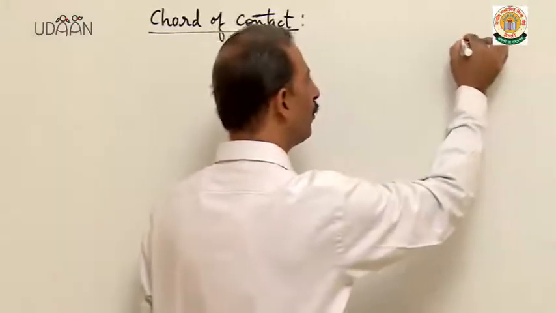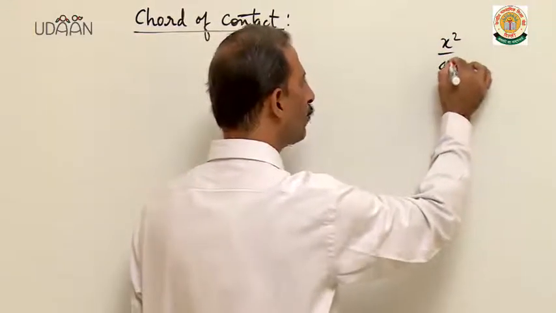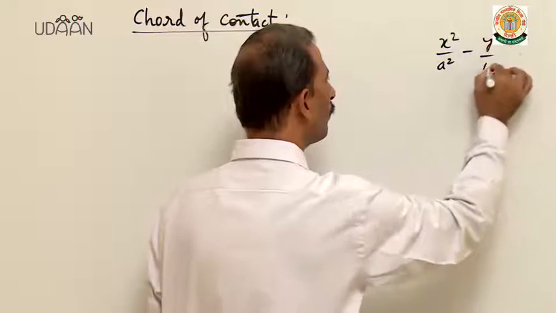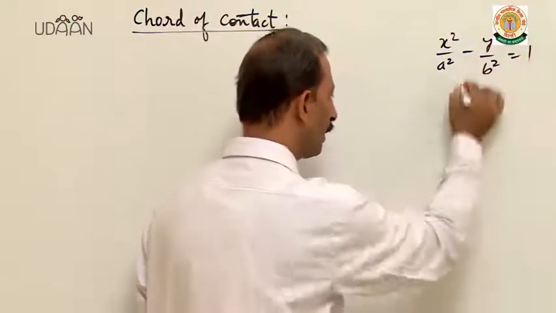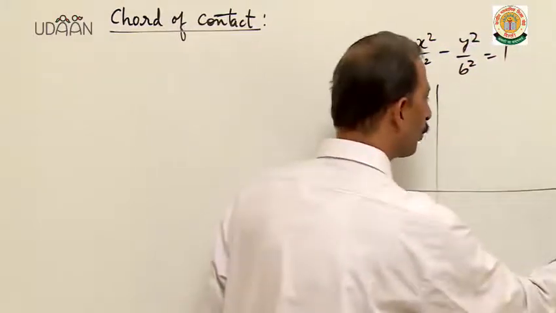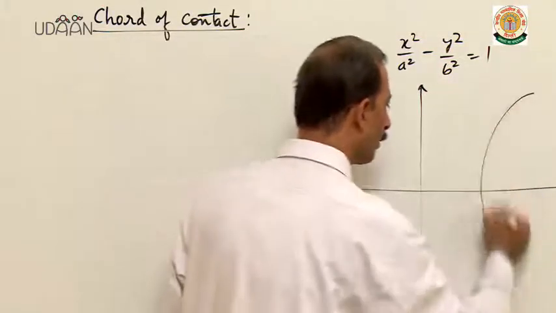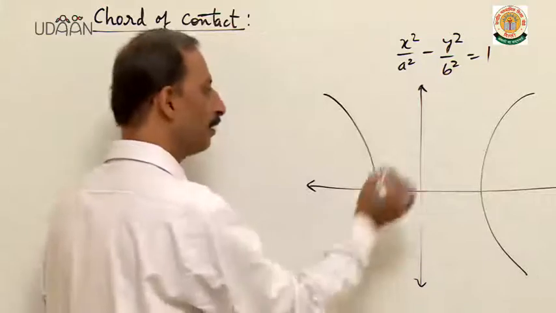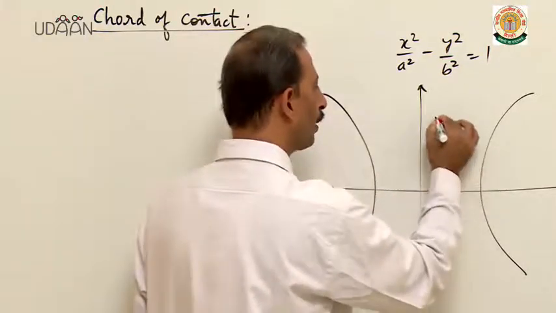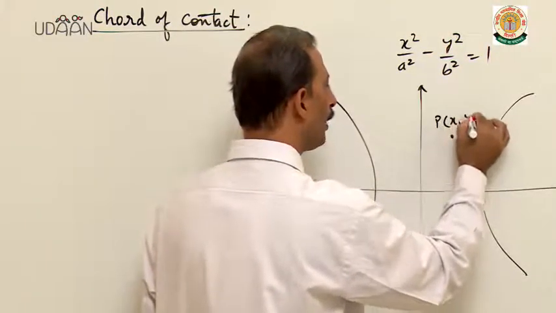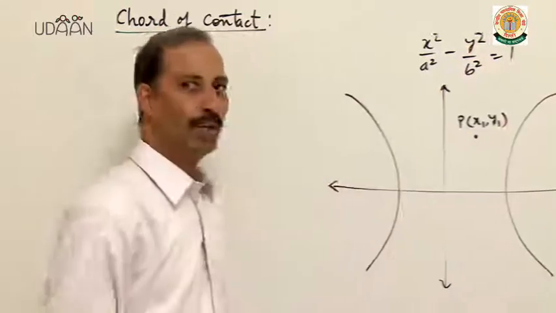The hyperbola equation you already know: x square upon a square minus y square upon b square is equal to 1. The shape of the hyperbola you also know, this type of shape you will get. This is a point, the external point of the hyperbola.